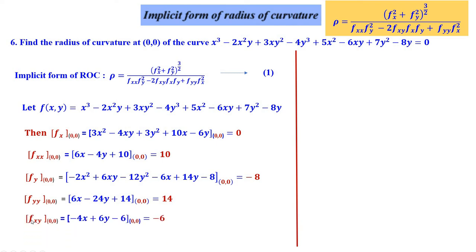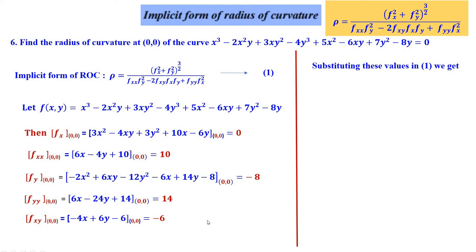Then partially differentiate fx with respect to y to get fxy. So fx you have to differentiate partially with respect to y, so you get minus 4x plus 6y minus 6, evaluated at 0, 0 gives you minus 6. Now substitute these values in 1. So this is our equation 1.